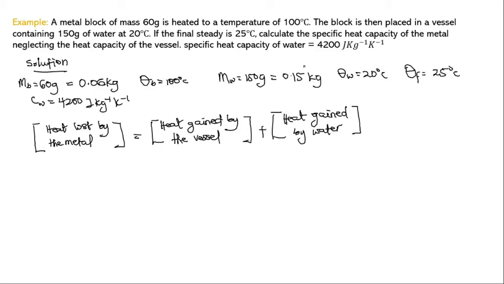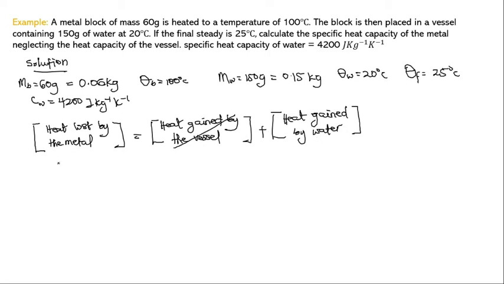Now the question is telling us to neglect the heat capacity of the vessel. So it means the entire heat gained by the vessel we are assuming is negligible. So in this case, this will be crossed out. So it means the heat lost by the metal is equal to the heat gained by the water.